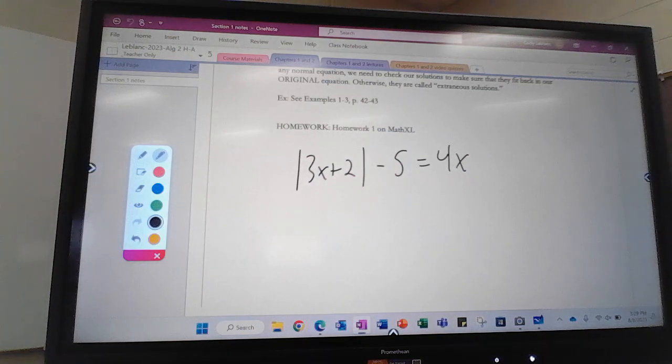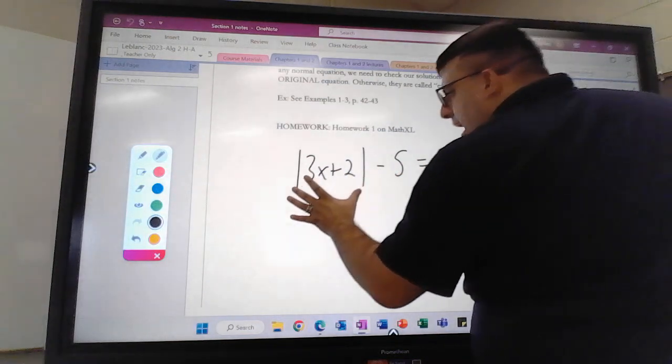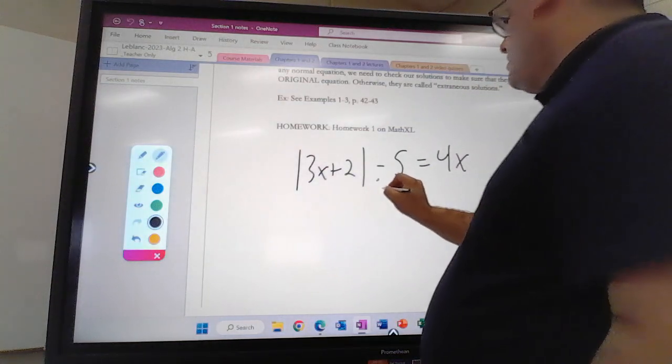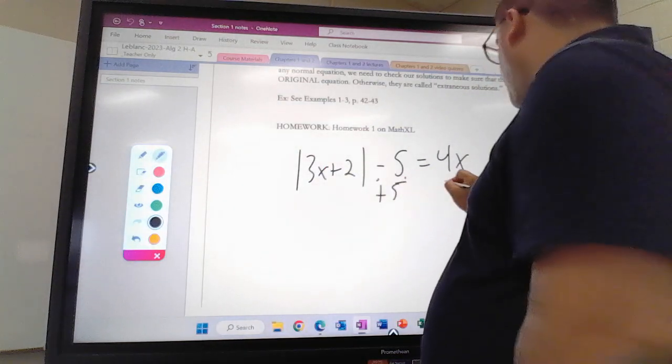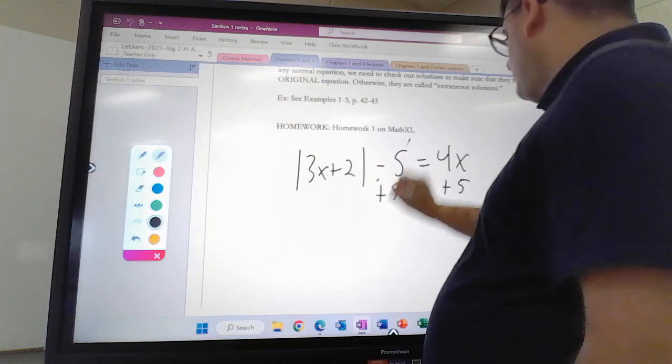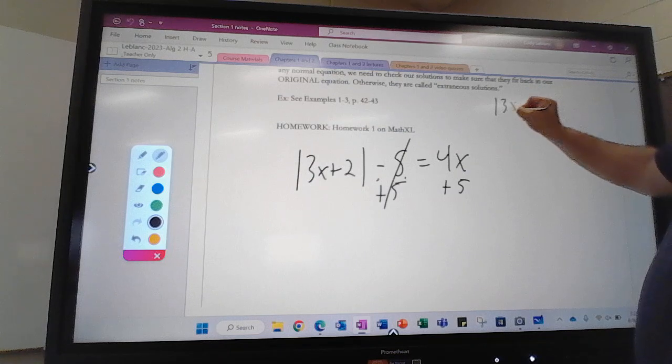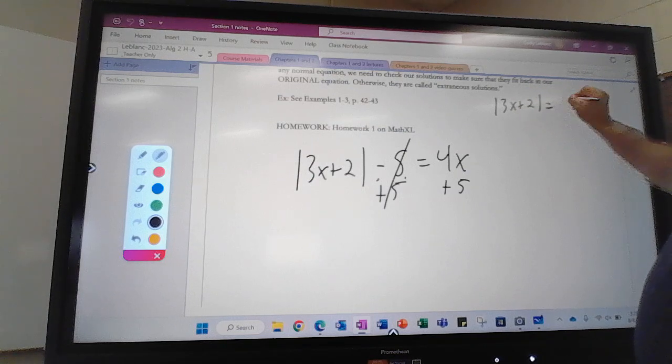But in order to do that, I have to isolate this. So I'm going to move this 5 to the other side. So I'm going to add 5 to both sides to cancel that out. That leaves me with the absolute value of 3x plus 2 is equal to 4x plus 5.